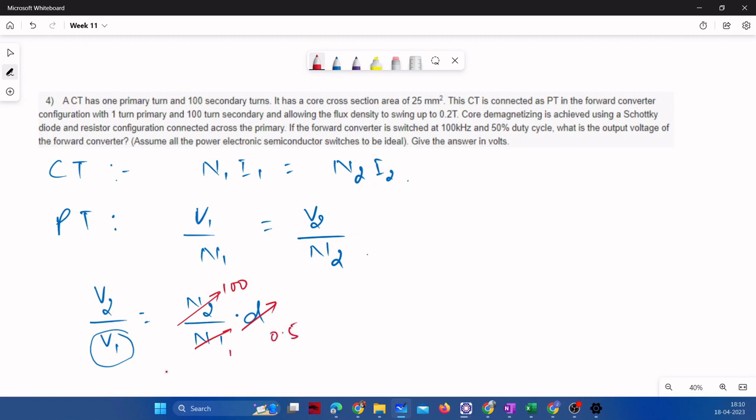If I am able to compute V1, then V2 I can easily compute. So V2 is nothing but 50 V1. Now the next task is to compute V1. So tell me how to proceed with calculation of V1.